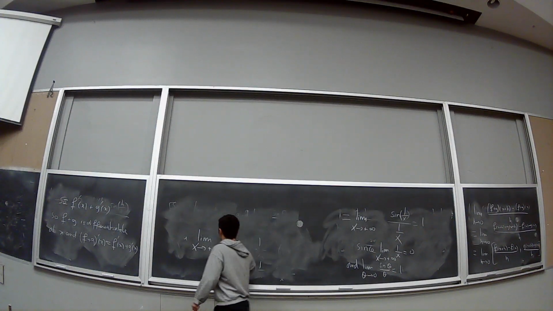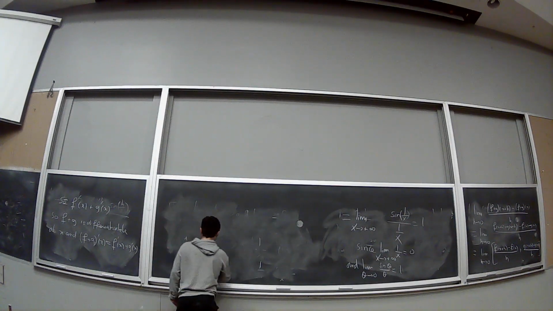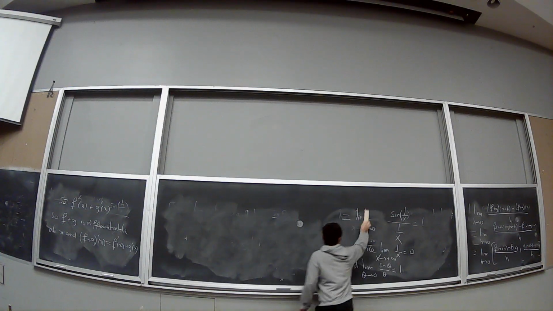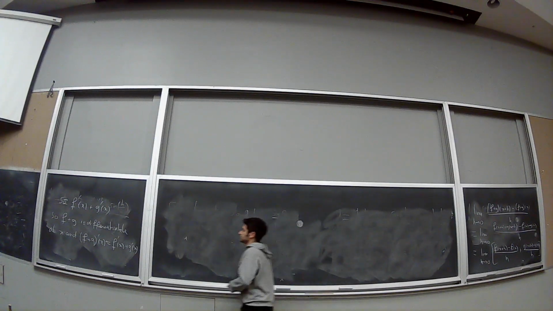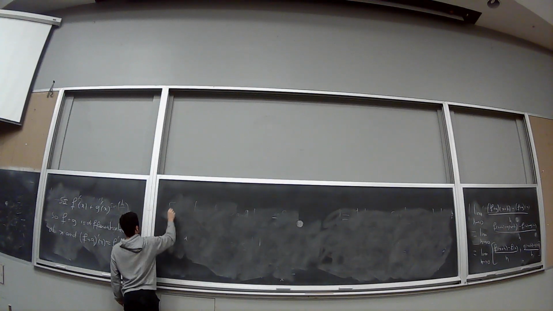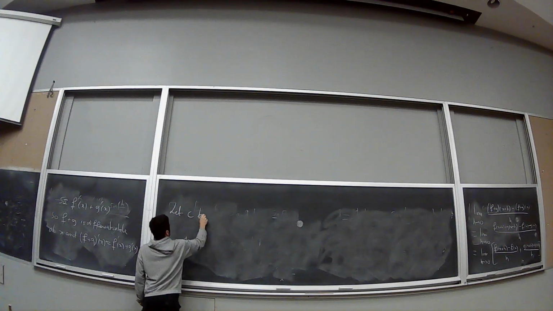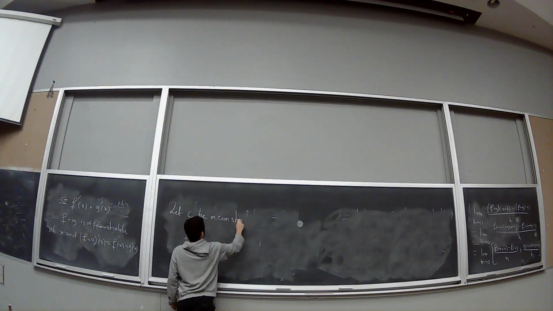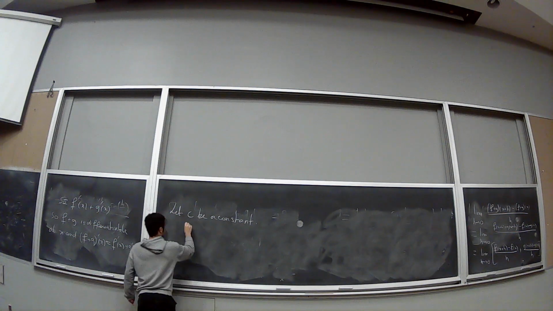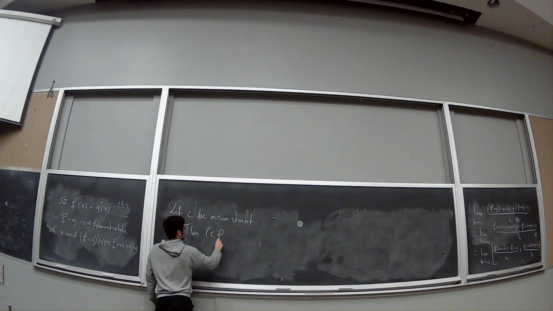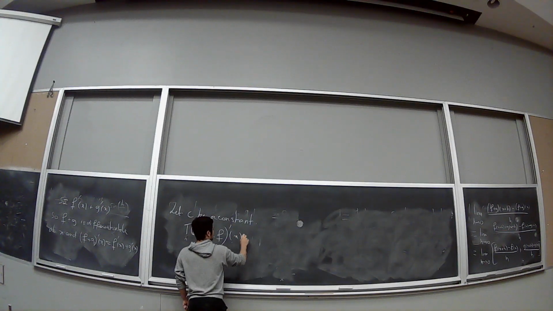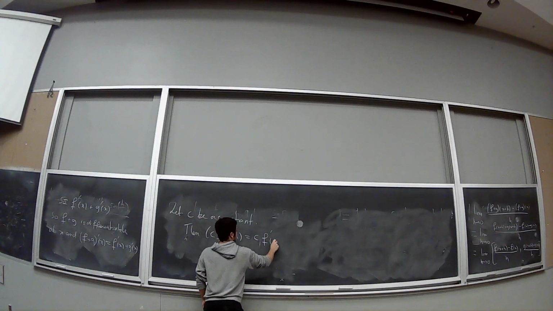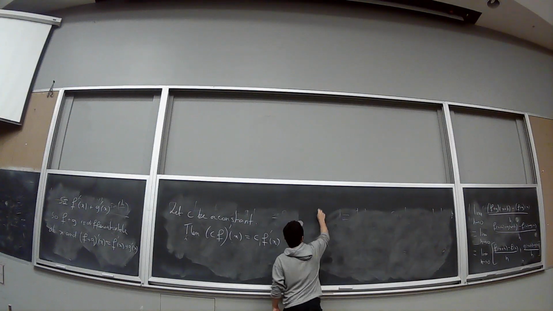Of course, if I multiply f by a constant, then the derivative does not change. Let C be a constant. Then C f prime of x is equal to C f prime of x, and let's prove this. This is very quick.